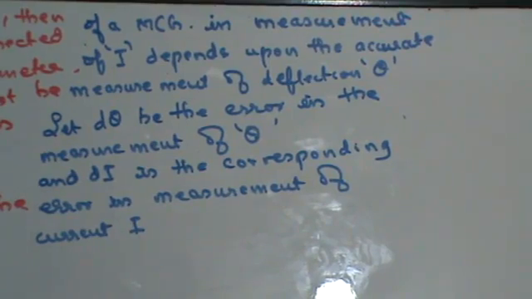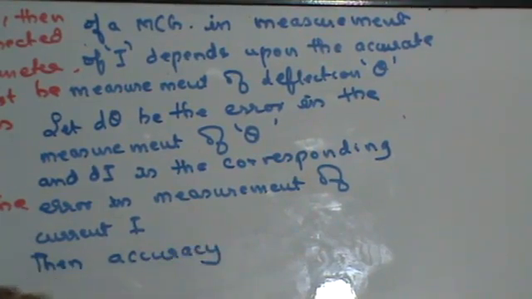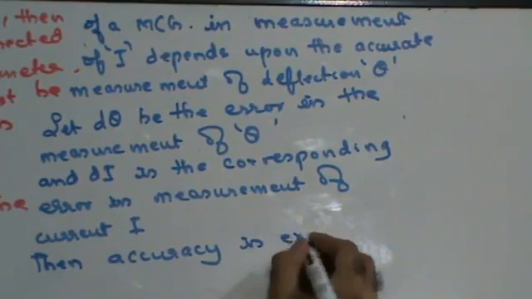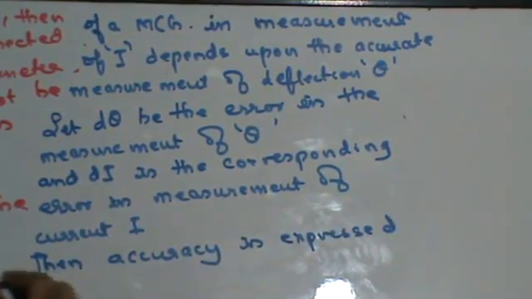The accuracy of a moving coil galvanometer is expressed in terms of relative error. That means it is expressed in terms of the error in current to the total current.